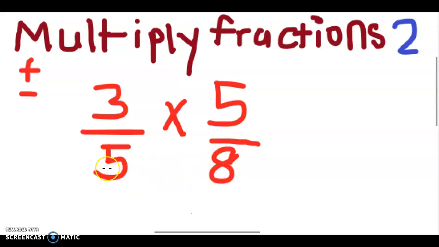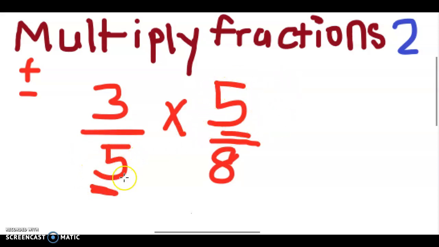But in the rule of multiplication of fractions, the 5 here at the denominator and the 5 here at the numerator can be simplified. As in the earlier example, what you do to the numerator must be done to the denominator, and what you do to the denominator must be done to the numerator.